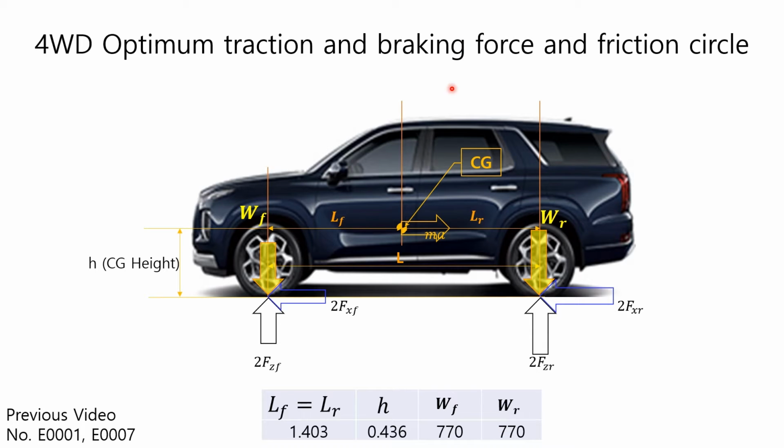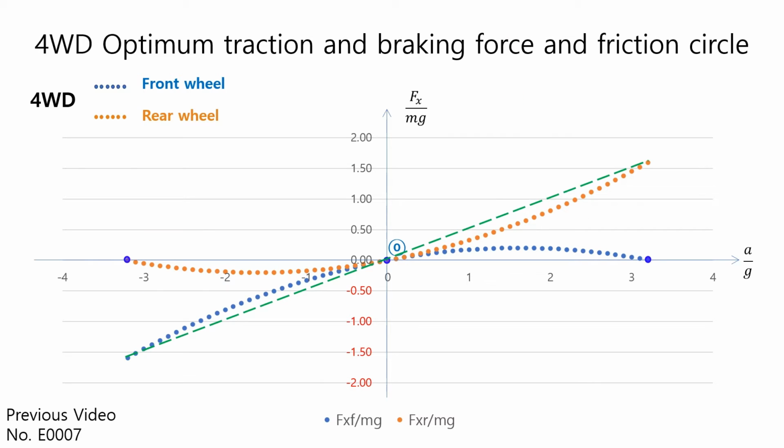Let's analyze how the friction circles appear on the braking and traction force distribution obtained in the last video. The figure here is a graph of the optimal traction and braking force of the 4WD vehicle described in the last video, H0007.